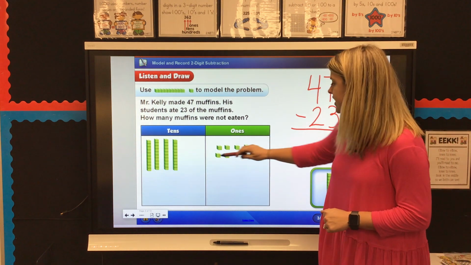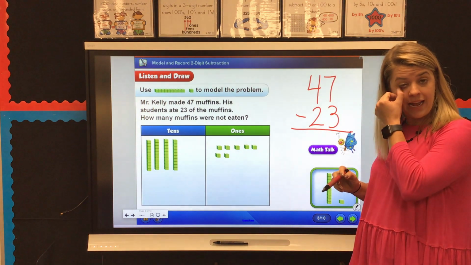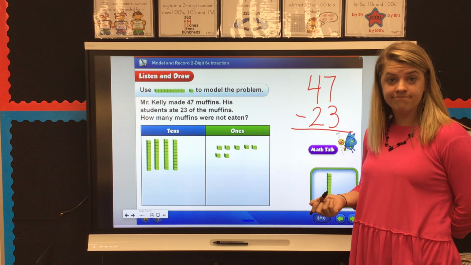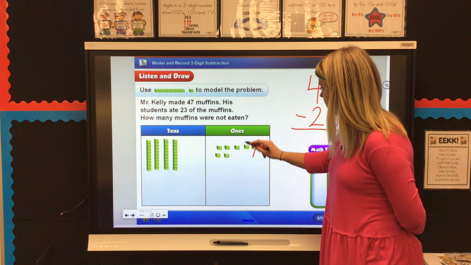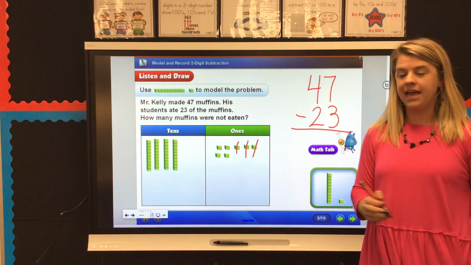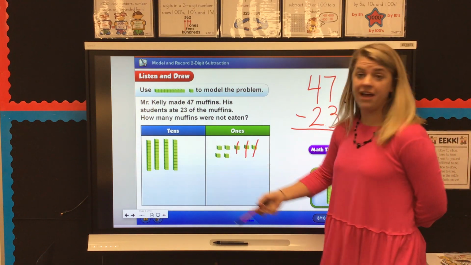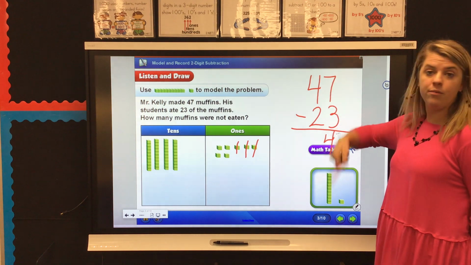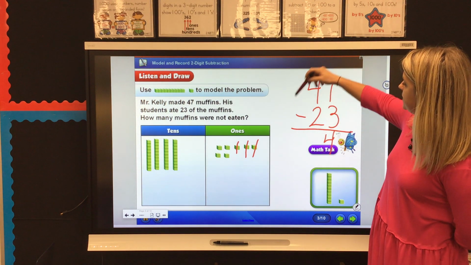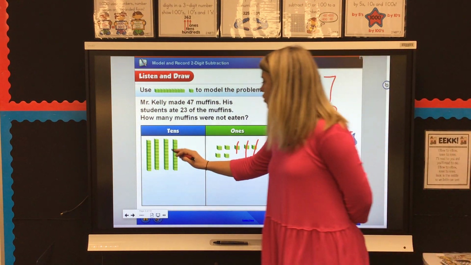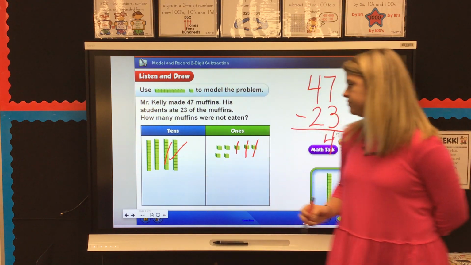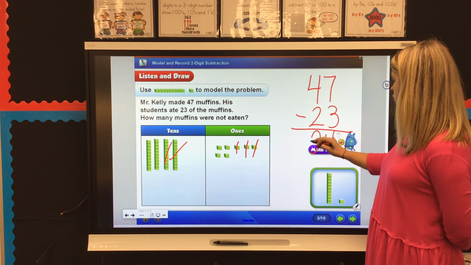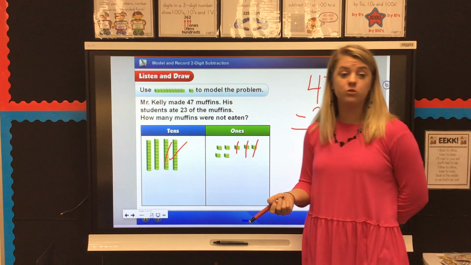So I have 7 and I need to subtract 3. Do I have enough? I do. 1, 2, 3. So how many 1 cubes do I have left? 4. Now we move on to our tens. 4 ten rods minus 2. 1, 2. How many do we have left? 2.